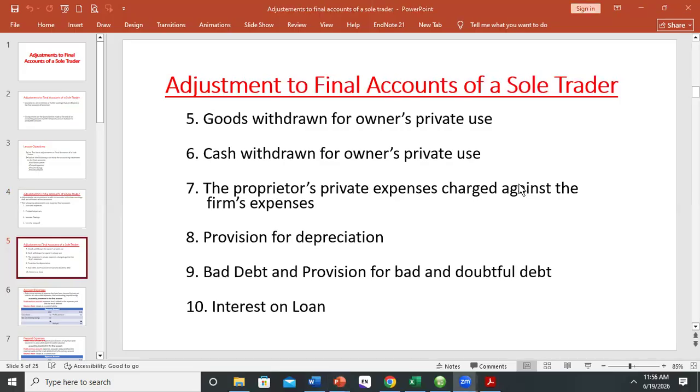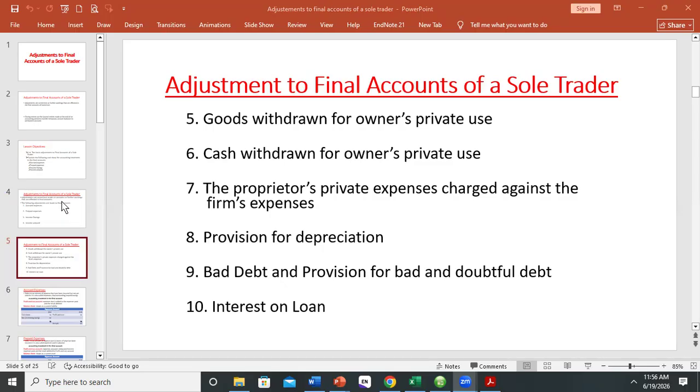We have provision for depreciation, bad debt and provision for bad and doubtful debt. Then finally, interest on loan. So that is 10. If I separate the provision from the bad debt, then you can have 11. But they are all similar concepts, so we'll look at them together.